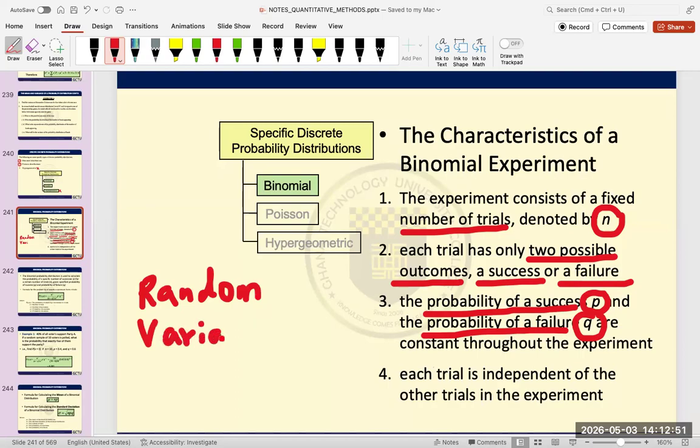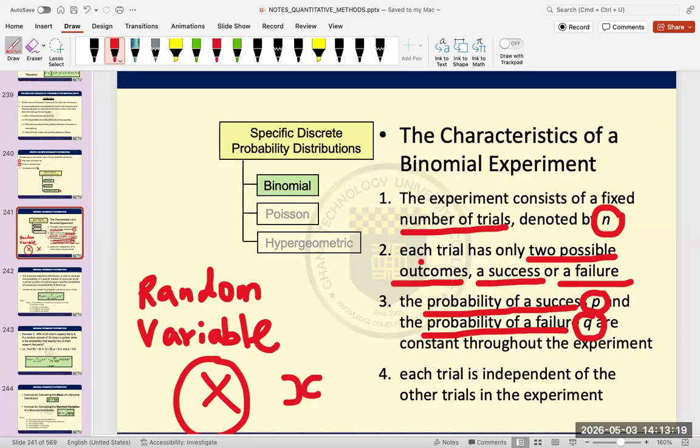Random variable from last 2 weeks, we've been using the letter X to represent the random variable. But in binomial distributions, instead of using the uppercase X like this, we normally use the lowercase x as you see this way.